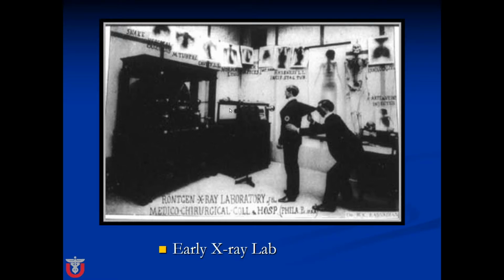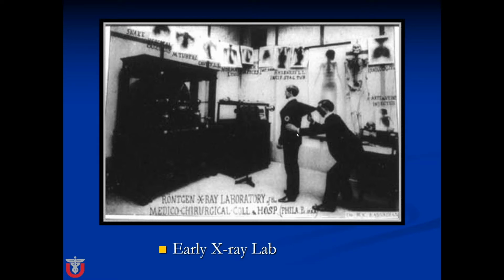You can see this is the generator right here. This little thing is actually where the X-rays are coming out of. And by the way, they're flying all around this room. They're going everywhere. One of the places that they're going is actually through the guy here. And then the doc is standing there. And he is using what's called a fluoroscope to focus those X-rays and look through this man.